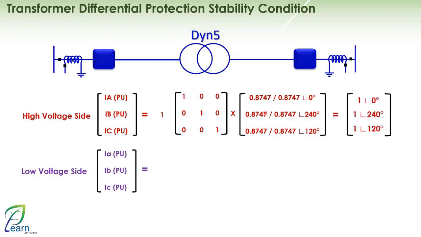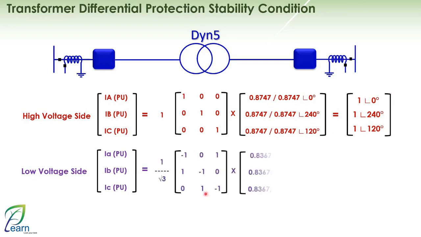Therefore, the product of this matrix is 1 angle 0, 1 angle 240, 1 angle 120. Now on the low voltage side, I will find that it is the product of matrix number 5, also with the currents 0.8367, which is in amperes coming from the CT, divided by I nominal to convert it.